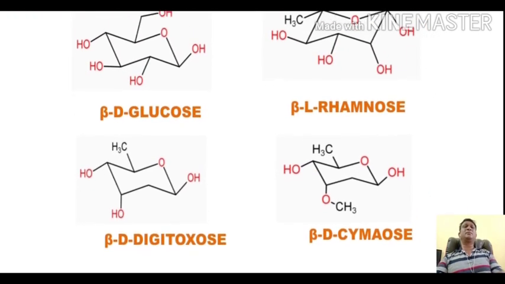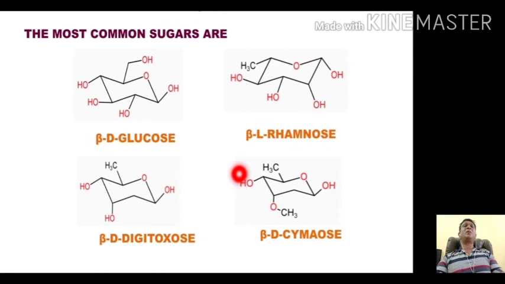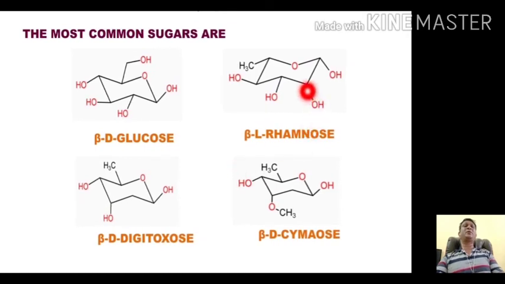Now suppose the C3 hydroxyl group, that is this hydroxyl group, is removed from beta L rhamnose, this leads to formation of beta D digitoxose. If we compare this structure and this structure, we find that if this hydroxyl group is removed from here, the configuration changed and this leads to formation of beta D digitoxose.